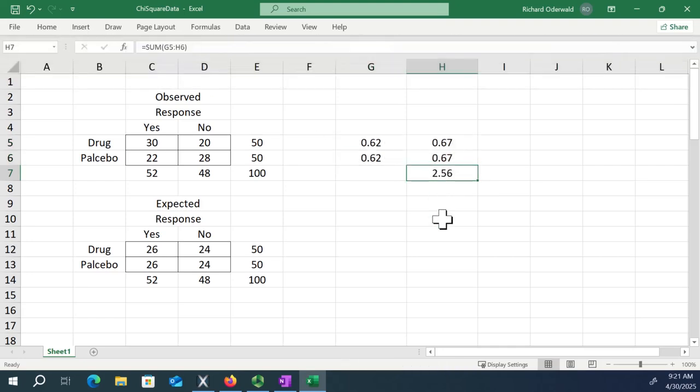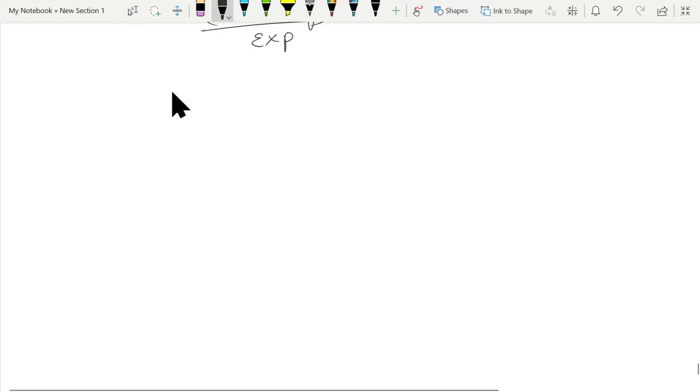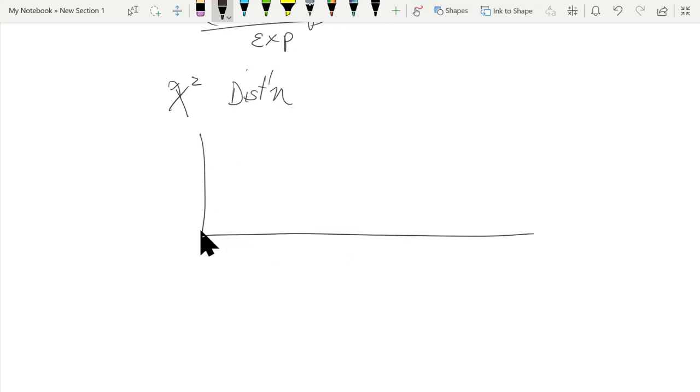So 2.56 is the chi-square. We need to compare that to a value in a distribution, and it's in a chi-square distribution. And a chi-square distribution looks like this. And you only use the right tail.